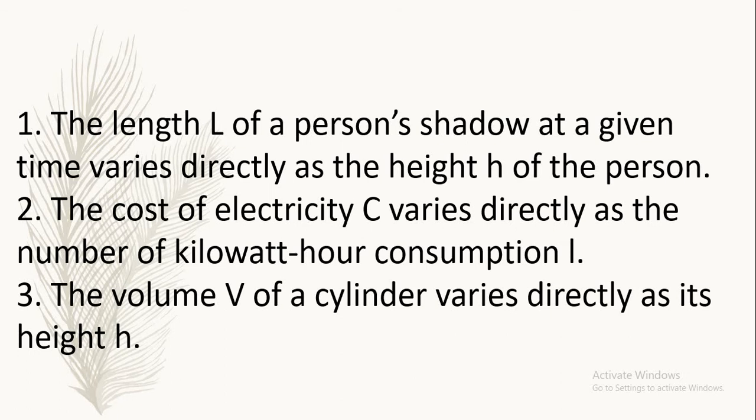So, ibig sabihin, ang ating kuryente, okay, o yung binabayaran nating kuryente ay depende sa kilowatt-hour na nakonsumo natin. Alright? Next is the volume of a cylinder varies directly as its height. So, syempre, lumalaki yung volume ng cylinder habang pataas siya ng pataas.